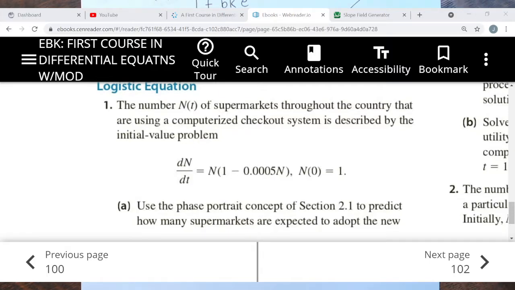You see how this has the same form as the logistic equation: dn dt equals n times the quantity 1 minus 0.0005, 5/10,000ths, times n, or 1 over 2,000 times n. And the initial number of supermarkets throughout the country that use a computerized checkout system is 1.